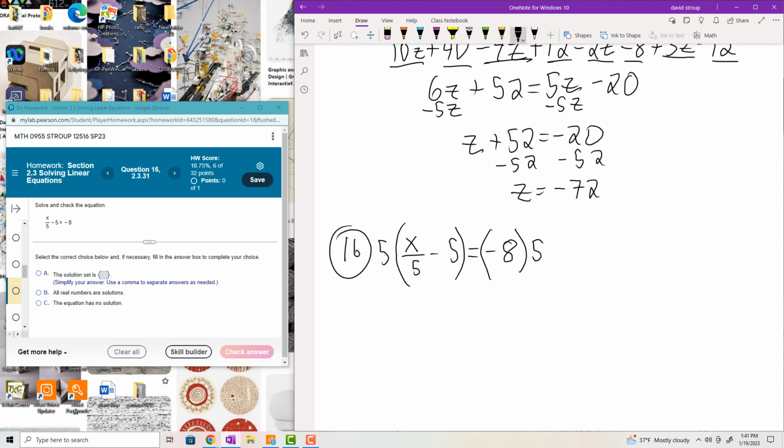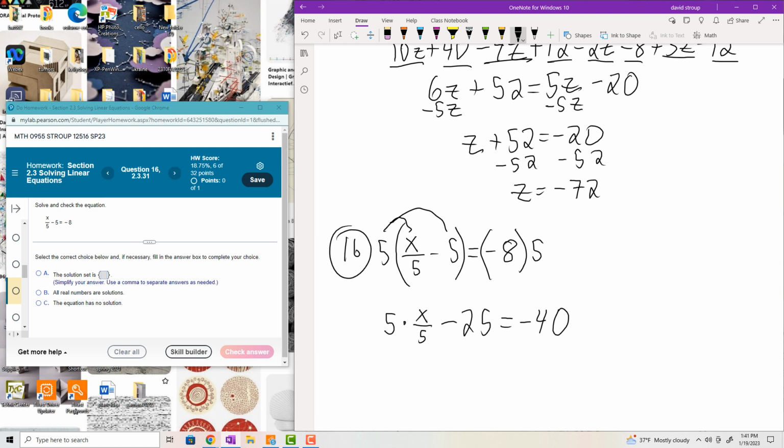Okay. So let's go ahead and try this. So I'm going to distribute the 5. 5 times x over 5 is just going to be x, right? The 5 is going to cancel with the 5 that you're multiplying by, but I'll write it out. So you have 5 times x over 5. And then 5 times negative 5 is negative 25. And then the other side, 8 times 5 is 40, so we get a negative 40.